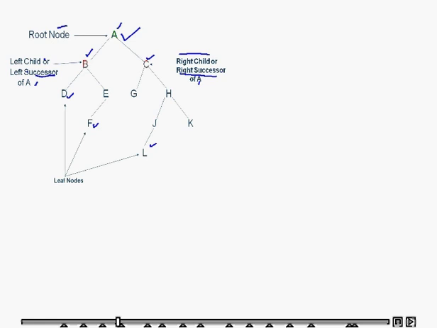So these are called leaf nodes: D, F and L. Similarly, G is also one of the leaf nodes.